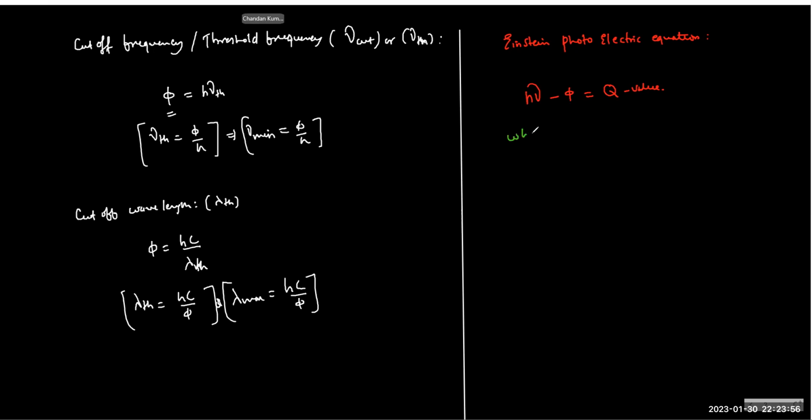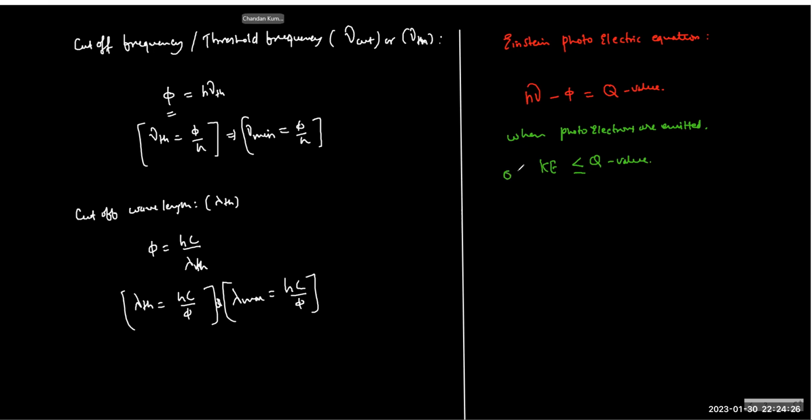So when photoelectrons are emitted, then the kinetic energy will be either equal to or less than the Q value. Yes, sir. So is it necessary that it must be equal? It may be zero also, right?